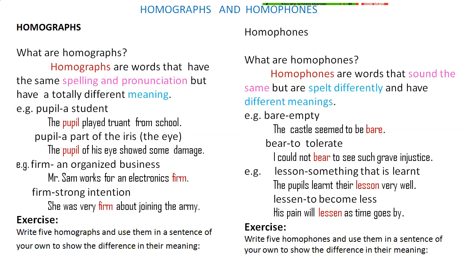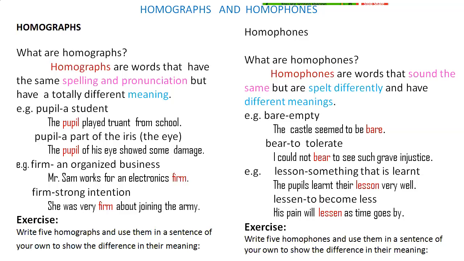Let us take the example of the word pupil. Pupil is spelled the same. It is pronounced the same in both of those cases. But the word has two different meanings. In the first case, pupil means a student. For example, the pupil played truant from school.